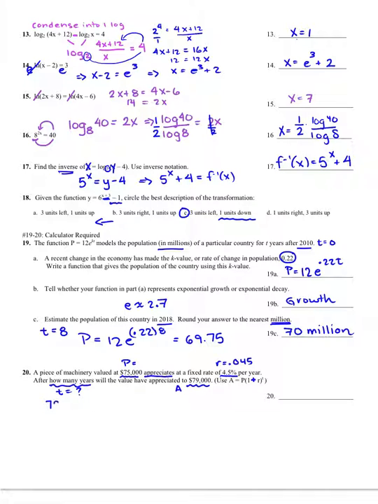So we're going to set up our equation, 79,000. Well, when will that equal? So we have our 75,000, 1 plus 0.045 raised to the t, and that's what we're trying to solve for. So we're going to simplify this out. First, let's go ahead and get rid of this 75,000.